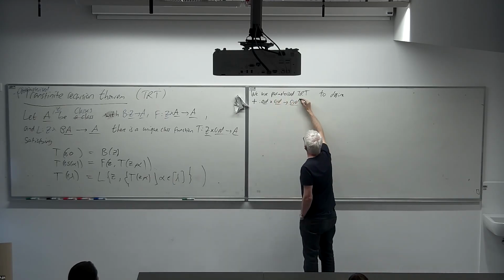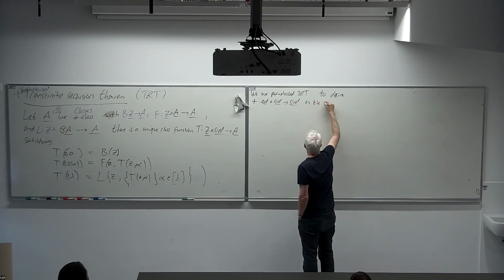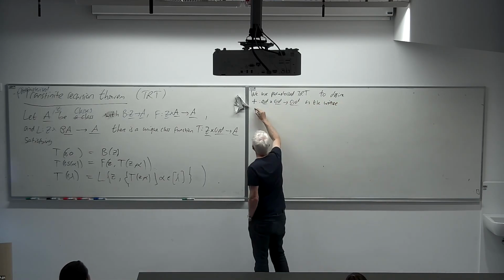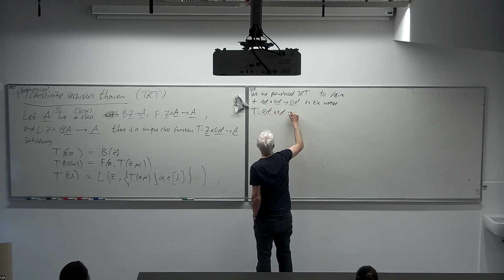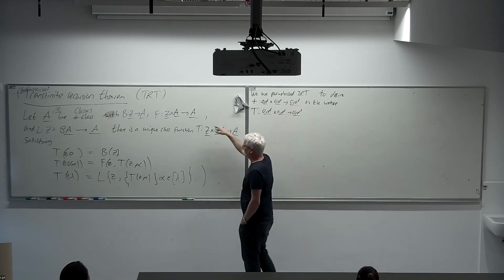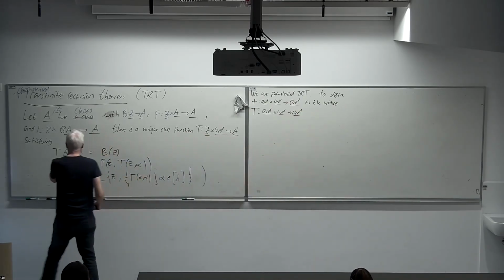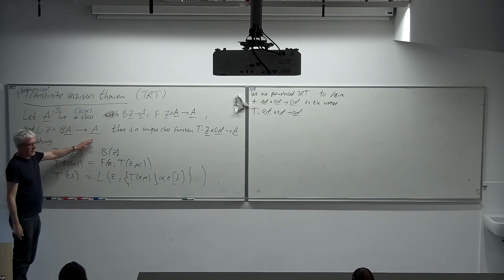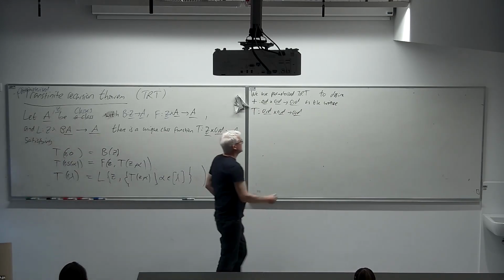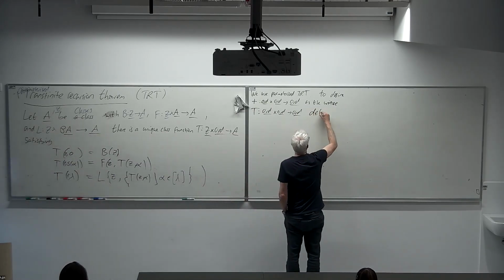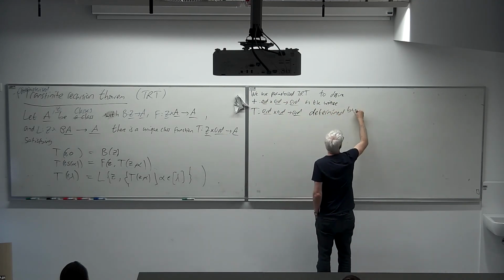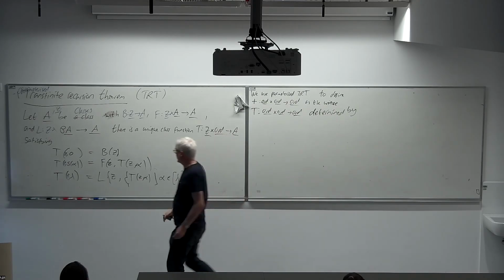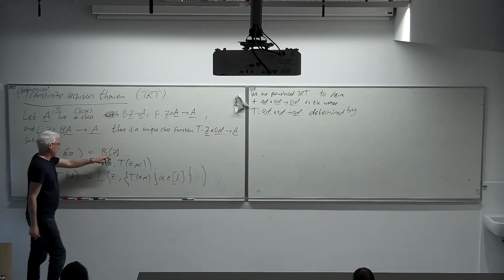So we're going to define this as the unique T given by the theorem, determined by some suitable data. So we need to give a base function.